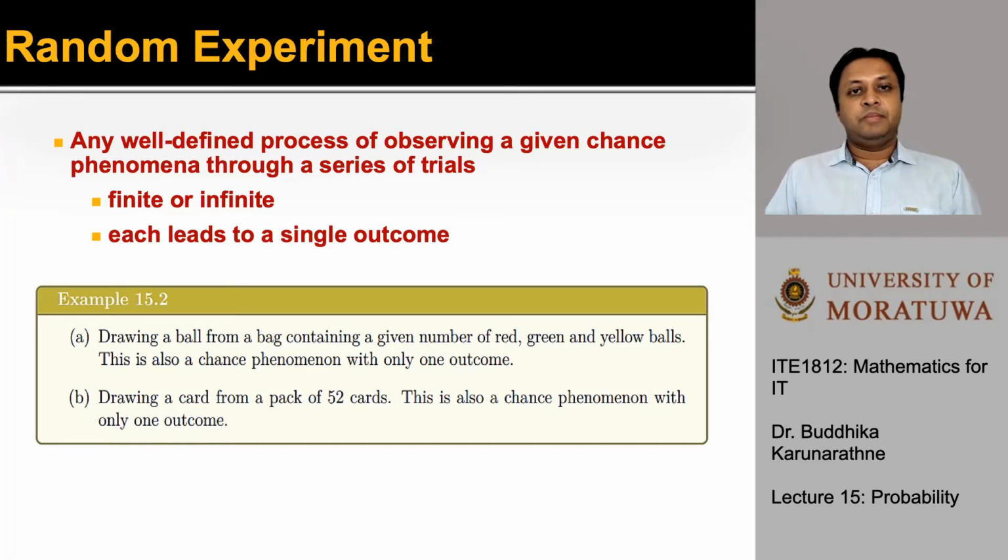Take some examples. Drawing a ball from a bag containing a given number of red, green, and yellow balls. You might have seen this kind of example during previous classes or even at school. Simple probabilistic experiments, random experiments.